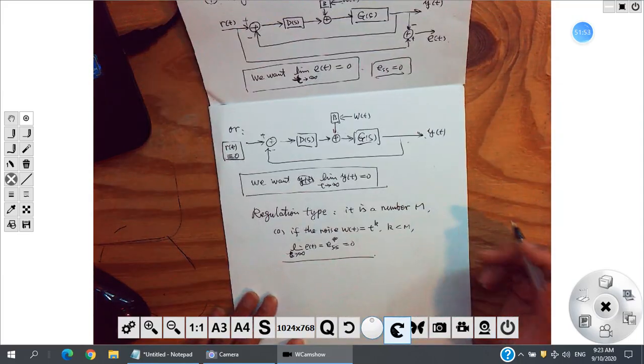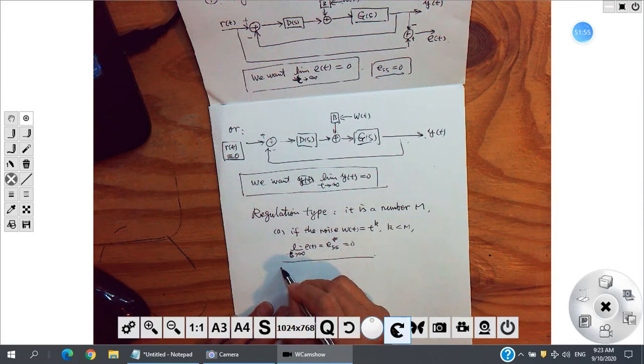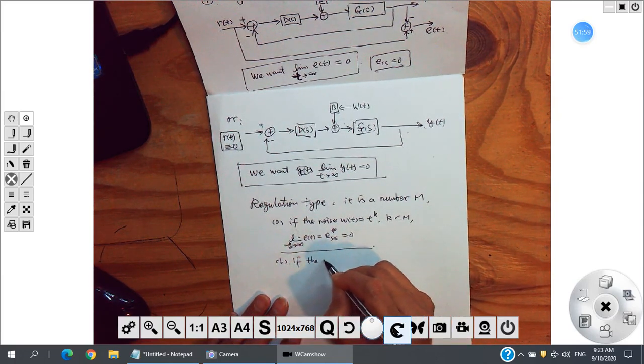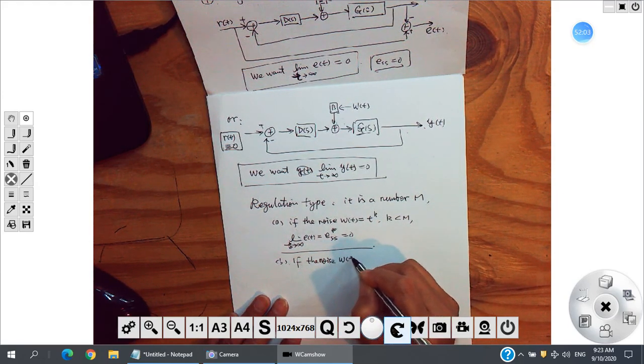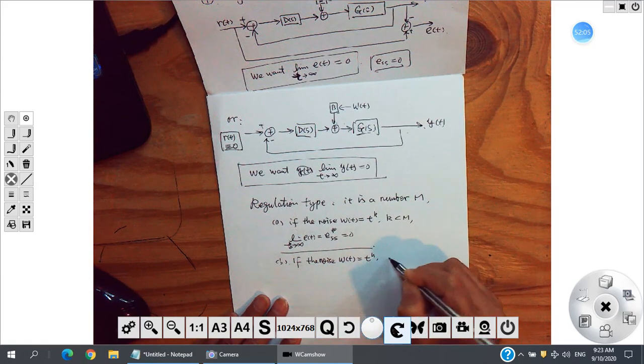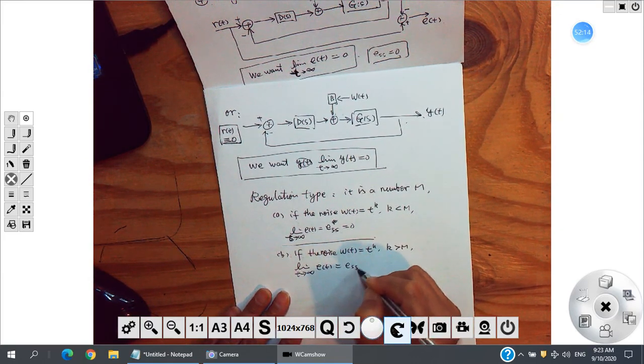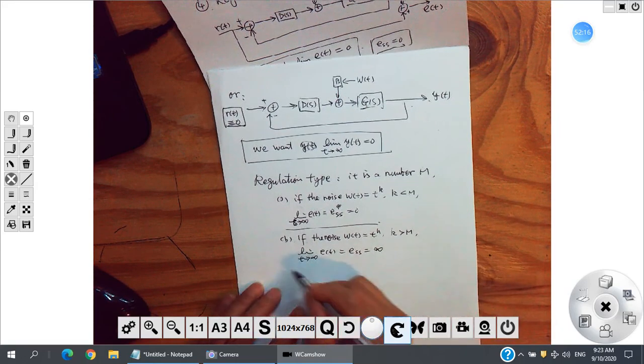And B, if the noise W of t equal to t to the K with K larger than M, this limit of e of t is infinite. Yeah, we have these two.